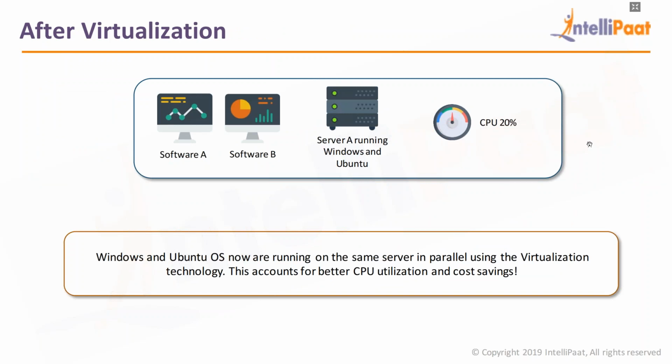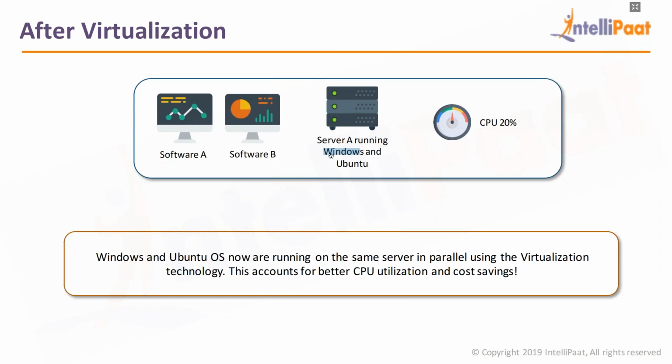After virtualization, what happened? If you wanted to run application A or software A, and also application B or software B, you can run both of them on one physical server, even though software A requires Windows and software B requires Ubuntu, and the total CPU utilization will be 20%.